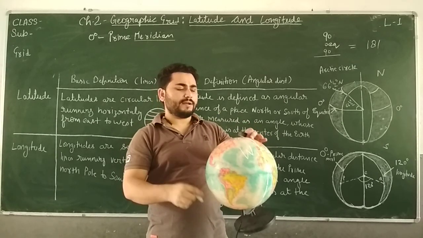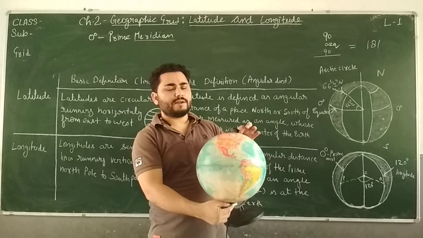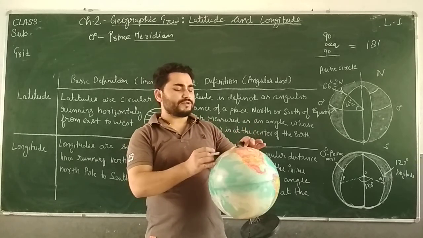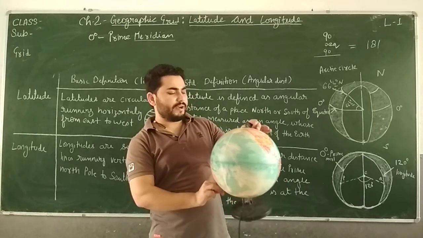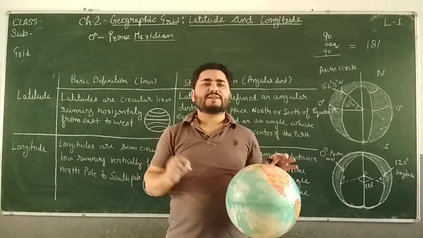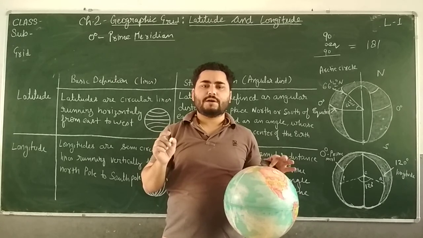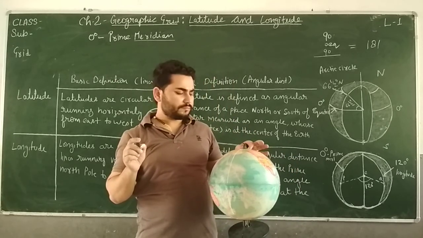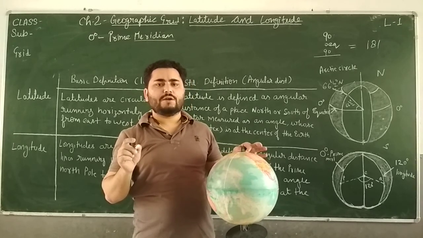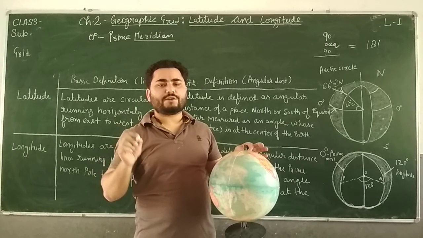Likewise you draw any line here, and just opposite to that, diametrically opposite, if you draw another line, you will get big circles. A big circle is a circle equal to the circumference of the earth and moving through the center of the earth.